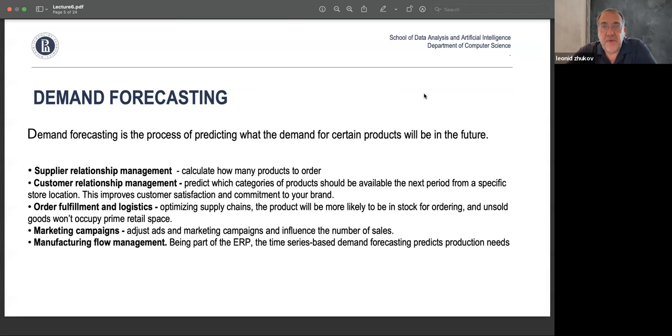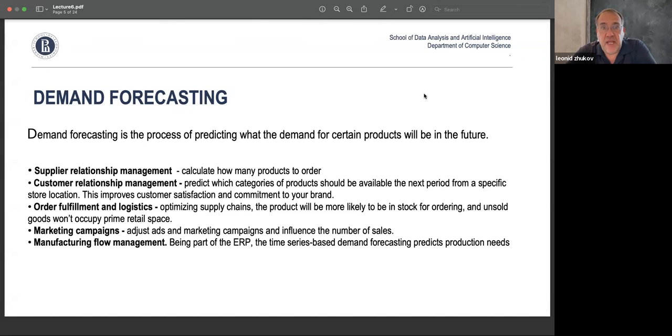So demand is harder to predict, but it is extremely important, because demand allows you to, first of all, manage relations with the supply chain, right? And try to order as much product as needed to satisfy it.